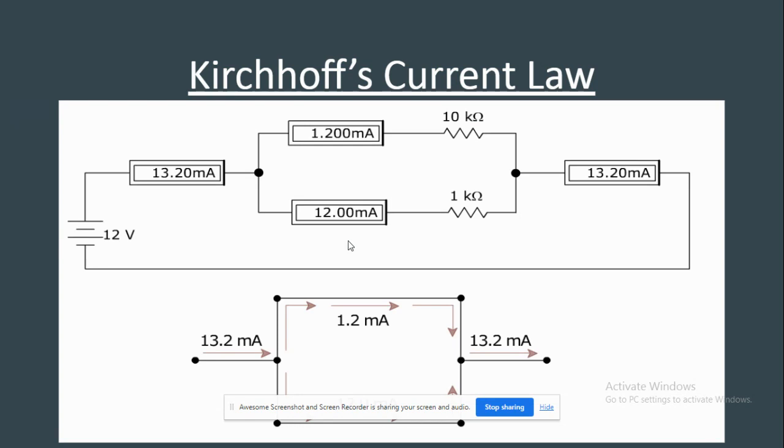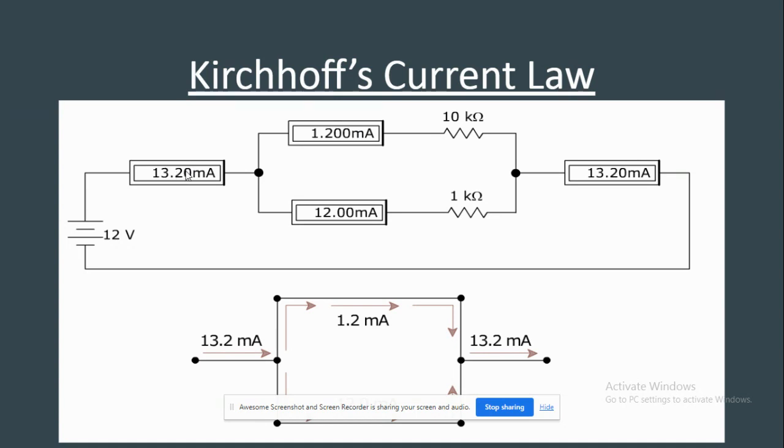So here's a practical example. Here's a circuit in which we've got two resistors in parallel. The current is 13.2. In parallel, the current is different and the voltage across both of the resistors will be the same.